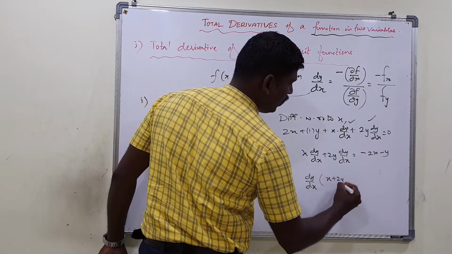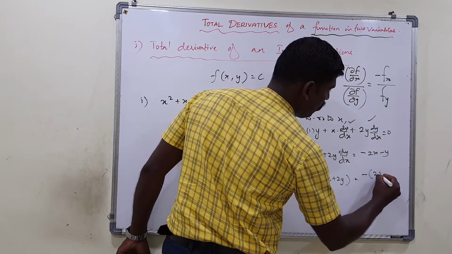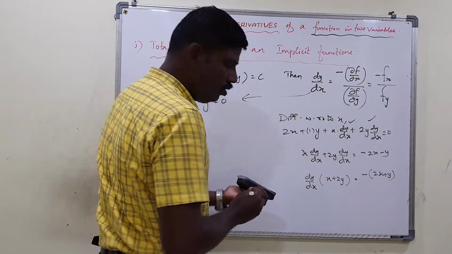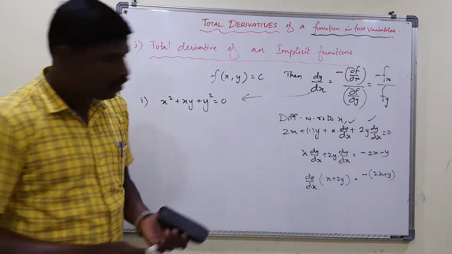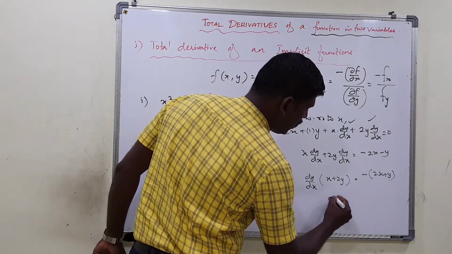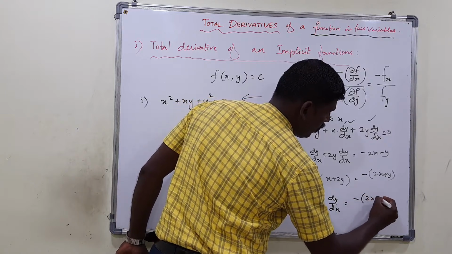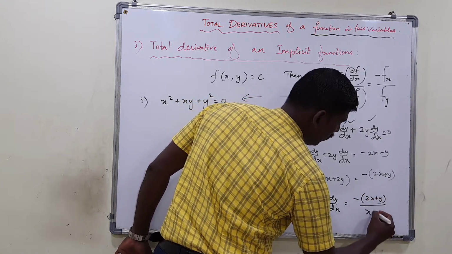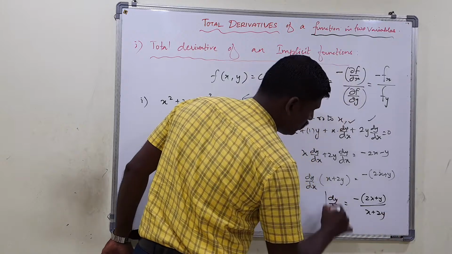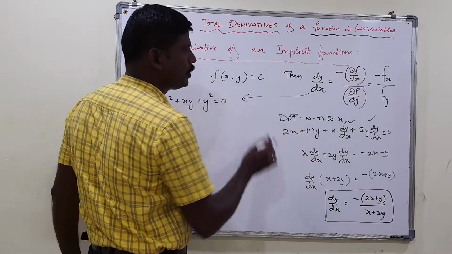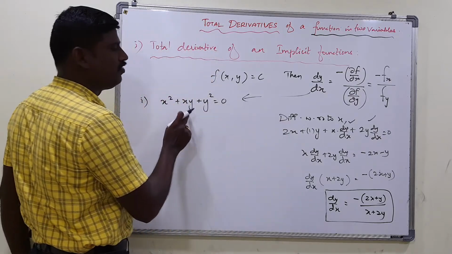X plus 2y is equal to minus of 2x plus y. Therefore, dy by dx is equal to minus of 2x plus y by x plus 2y. So this is the derivative of y with respect to x for this implicit function.